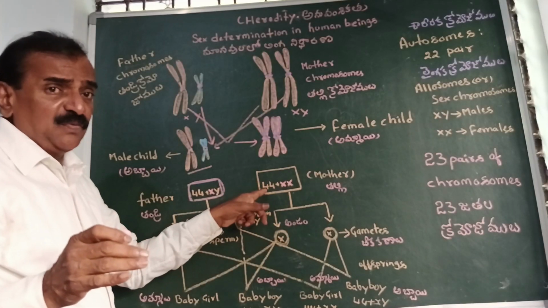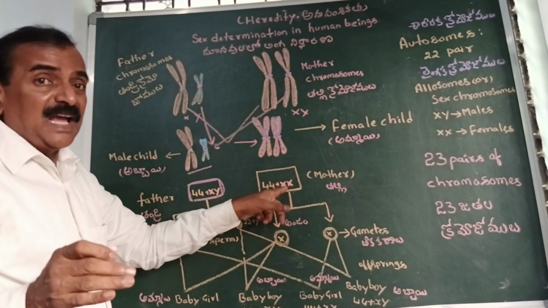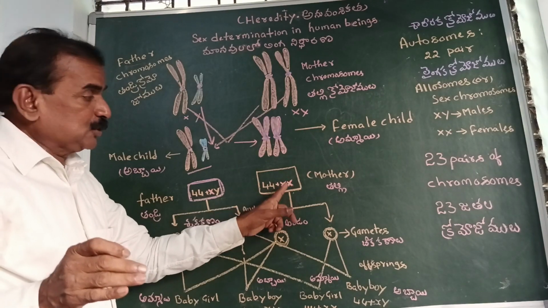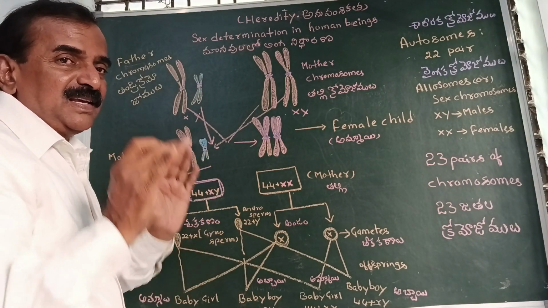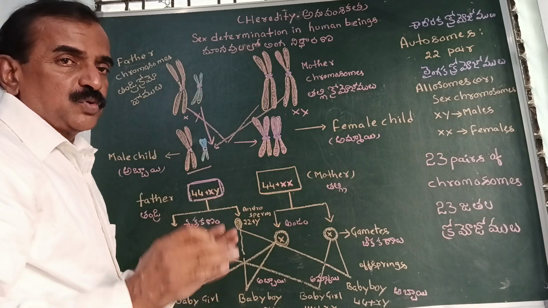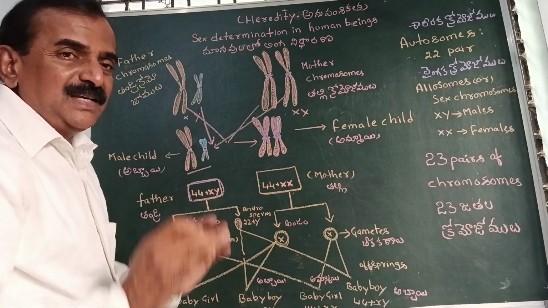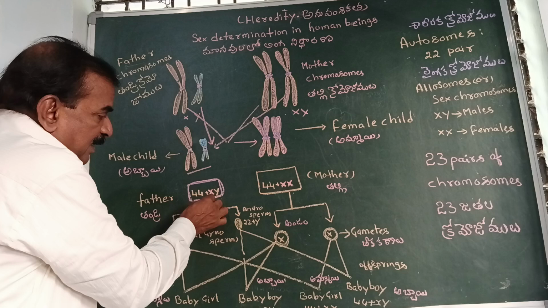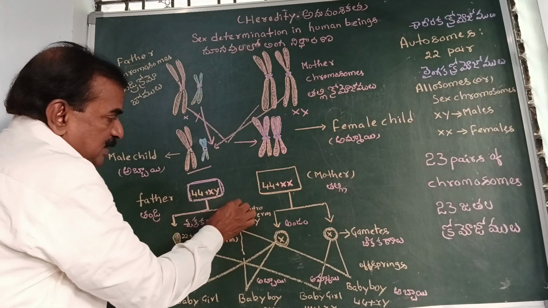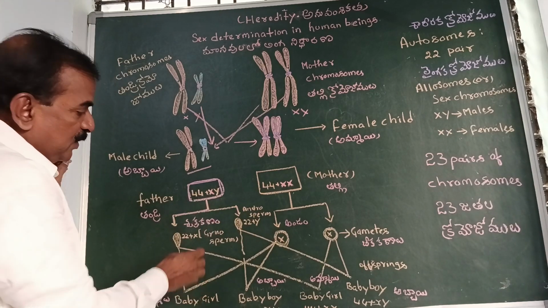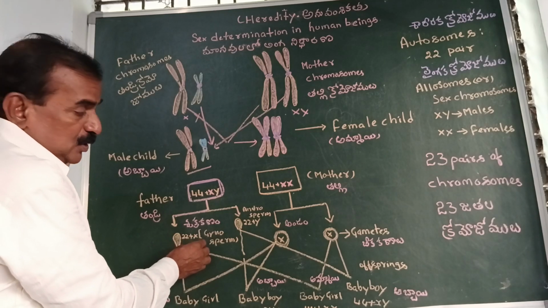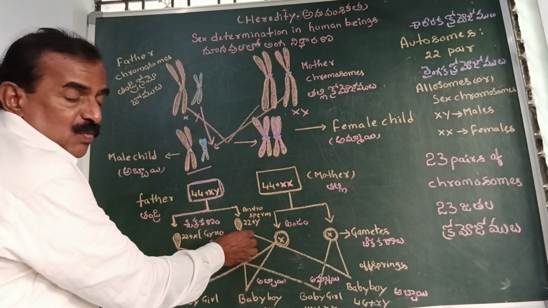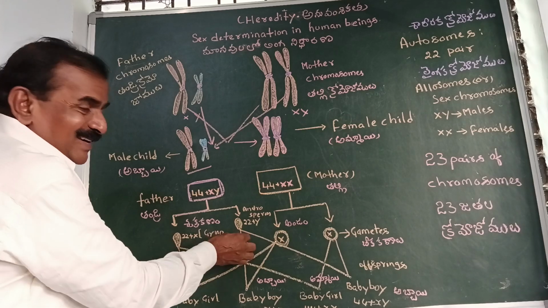So the number is 44 or 22 pairs, and allosomes are XX. So a female always releases an X chromosome, so the ovum consists of only X chromosome. And the father produces two types of sperm. One type of sperm consists of X chromosome, another type of sperm consists of Y chromosome. These are called haploid.